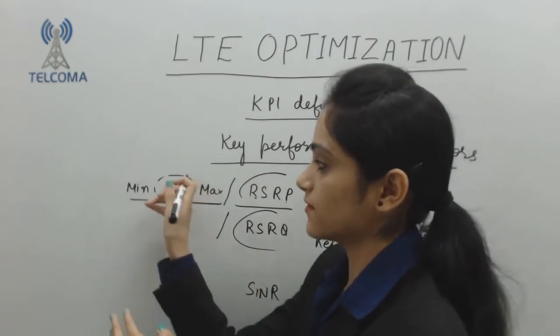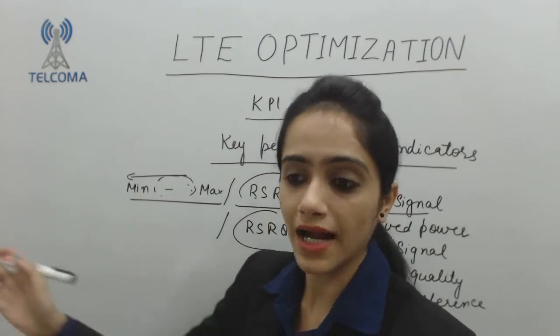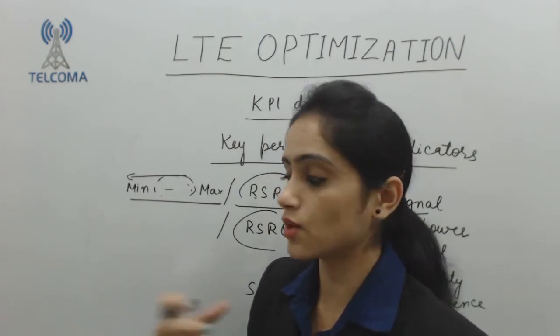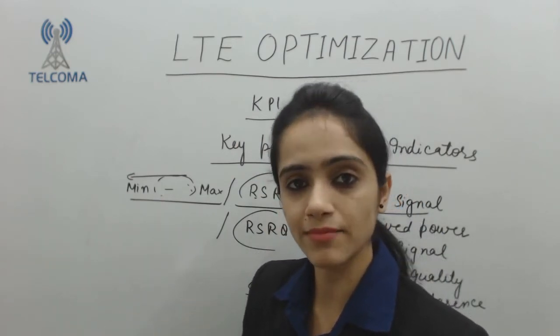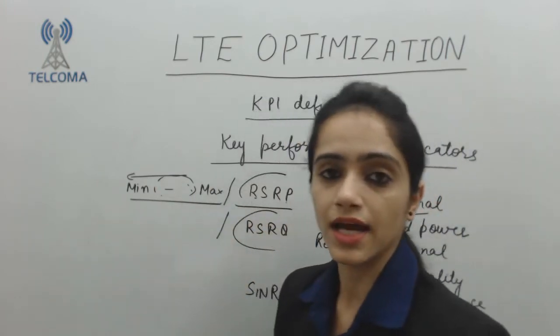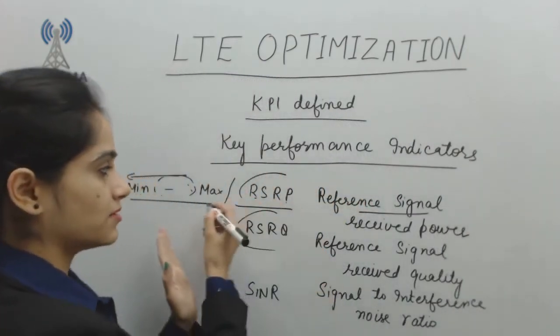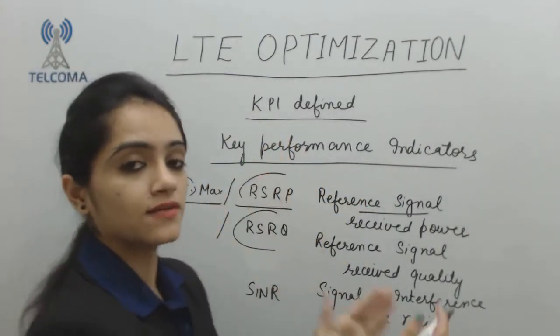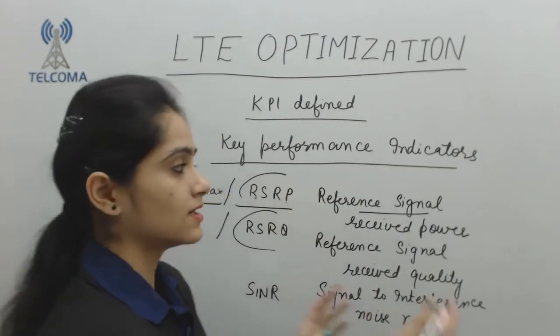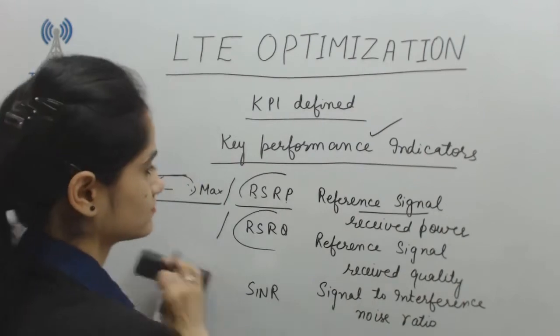If the RSRP value is at the minimum, then I require a handover to another cell, because my home cell is not able to provide me good power. Whatever minimum and maximum values we have for each and every radio network parameter, these will be my key performance indicators.